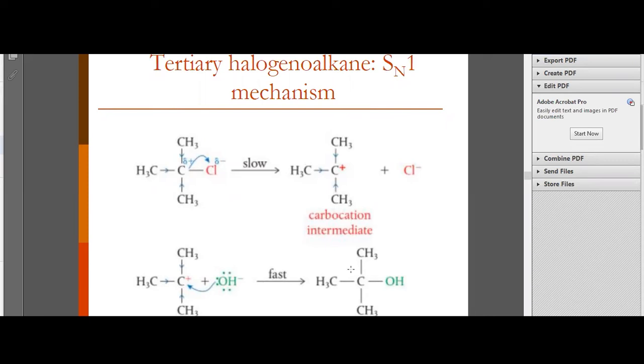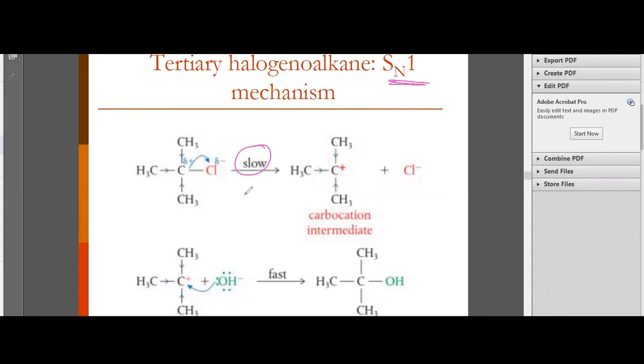It will react through another mechanism, not SN2, but now we want to learn about the SN1 mechanism. In SN1, the tertiary halogenoalkane breaks the C-X bond at the first step, and this is very slow. So this is the rate determining step.